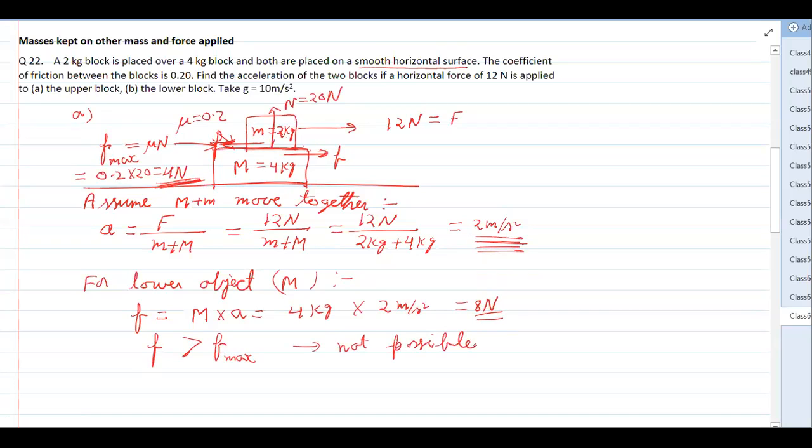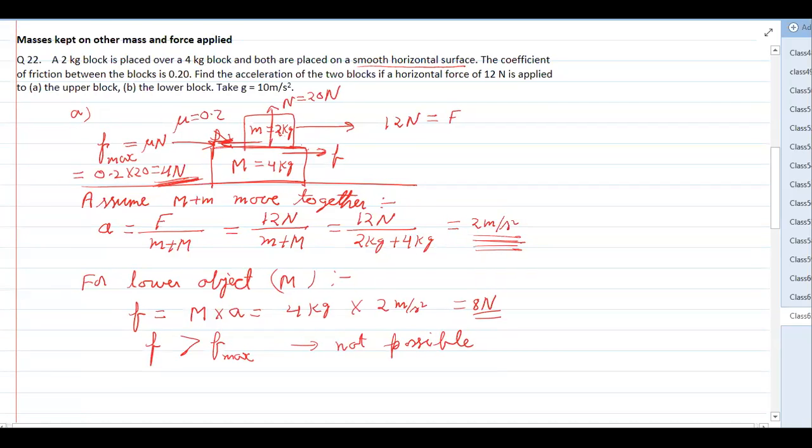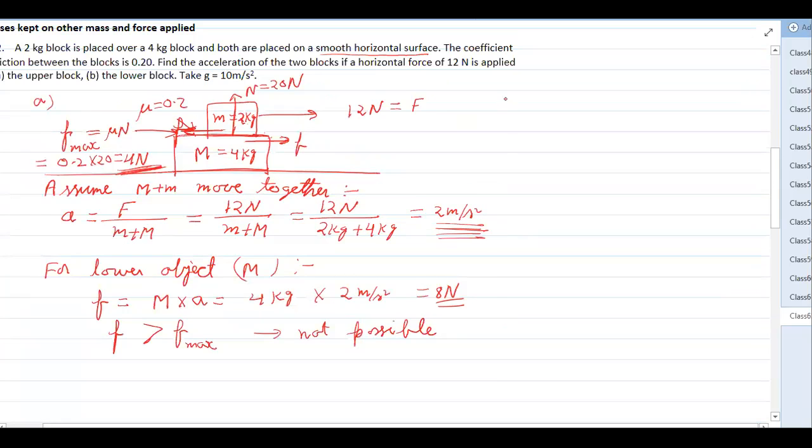The friction for combined motion is coming greater than the maximum friction force, which is not possible. So if it is not possible, it means the objects will slide separately. So we can say, therefore our assumption is wrong, and the objects will slide with different accelerations.